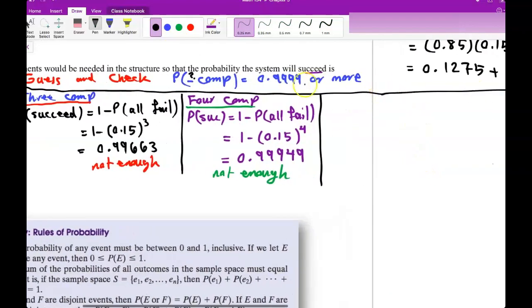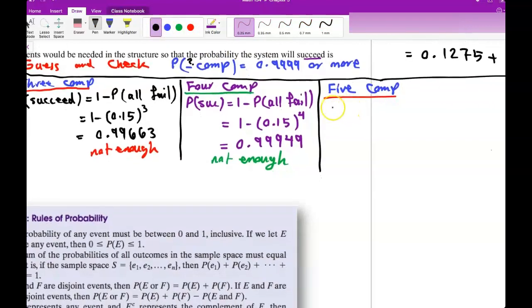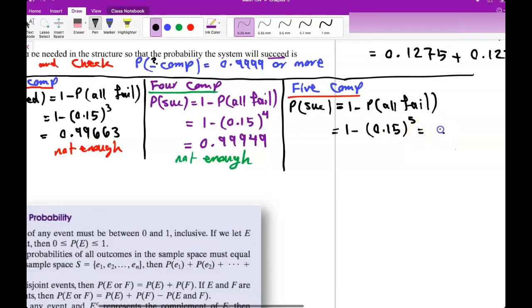Now 5. So the probability of success is 1 minus the probability of all fail, which is equal to 1 minus 0.15 to the fifth power, because we have 5 components, and that is 0.99992.